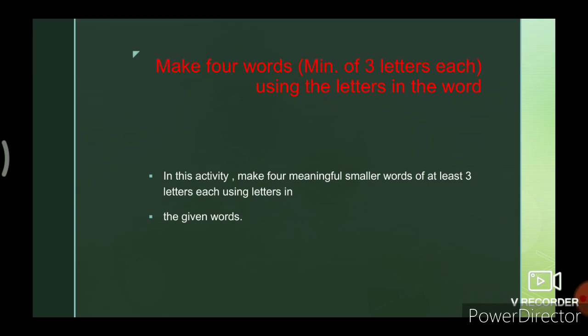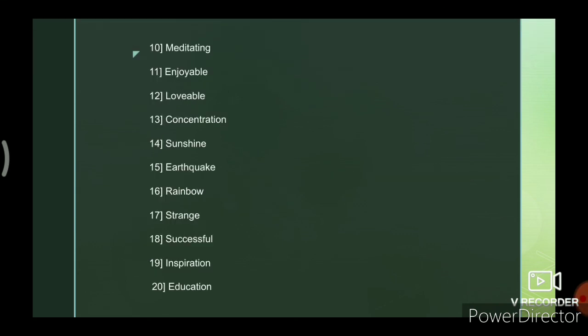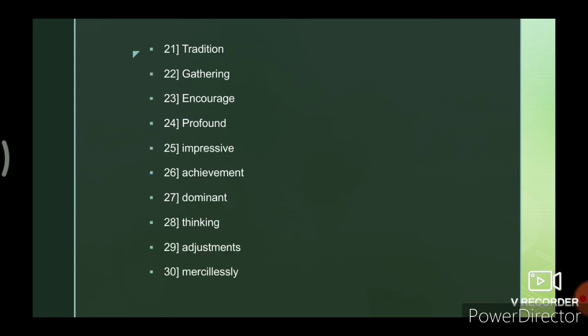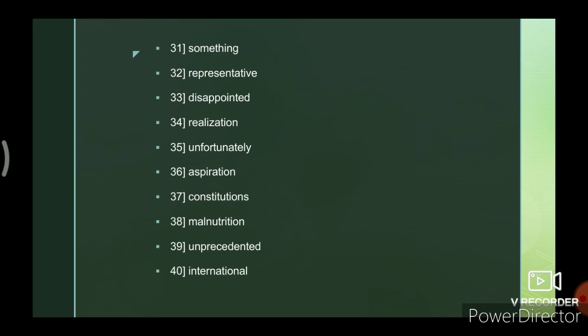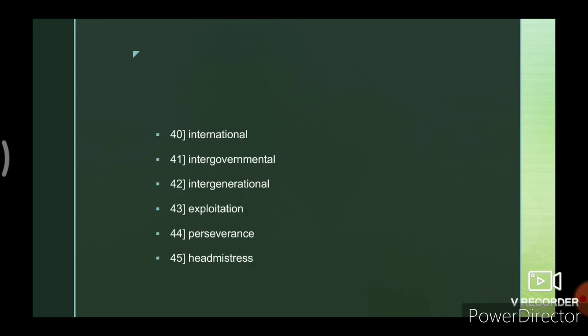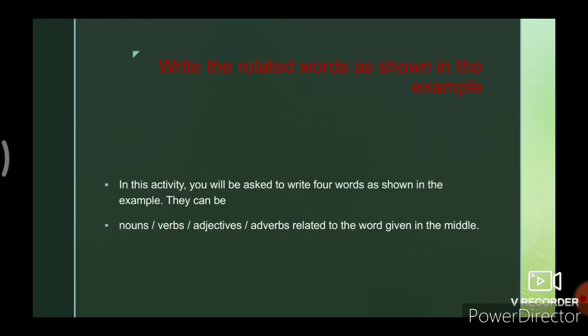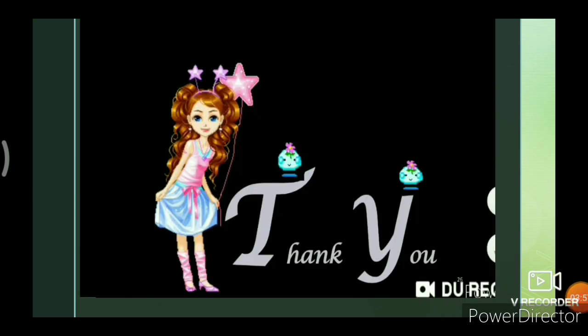In this way you have to pause the video and do this activity carefully. Here I have given you 45 words and you have to do your best. In this way, boys, you have to learn. You have to pause the video and write down all these words.